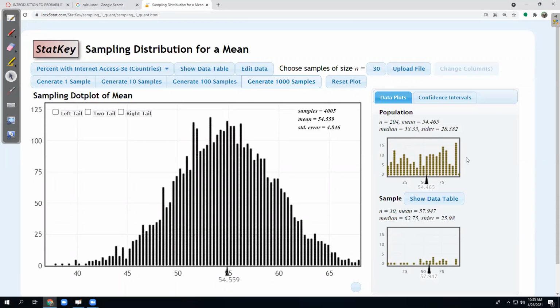A question came up: is 30 the minimum for the sample size? The answer is no. You could do samples of size 10. Ideally, we want the sample size to be 30 or more to get a good prediction, to get a reasonable margin of error in our estimate, and to have this curve be relatively bell-shaped, regardless of the shape of the population data. But there are some cases where it's just not possible to get 30.